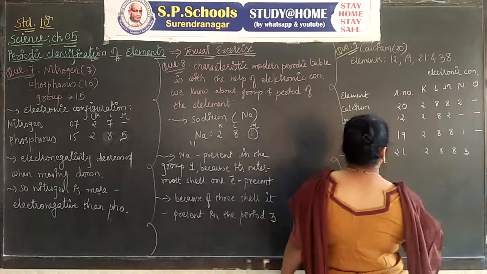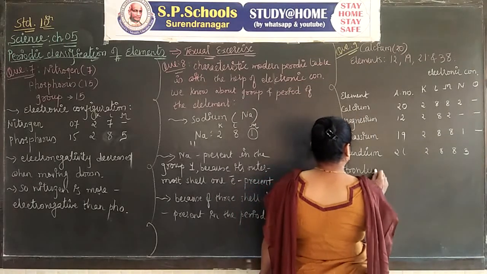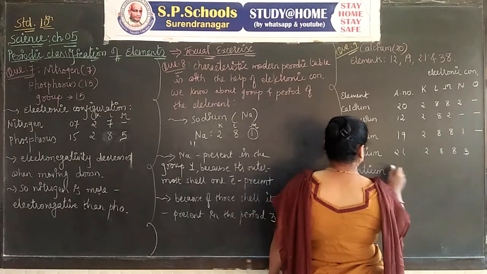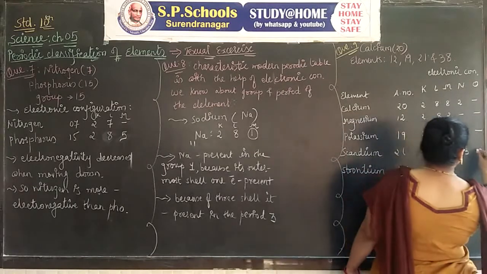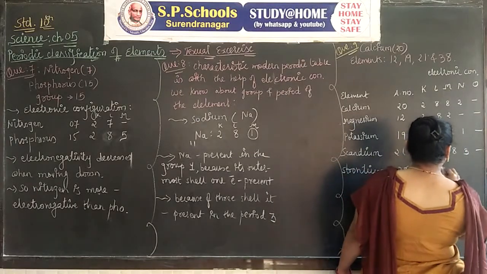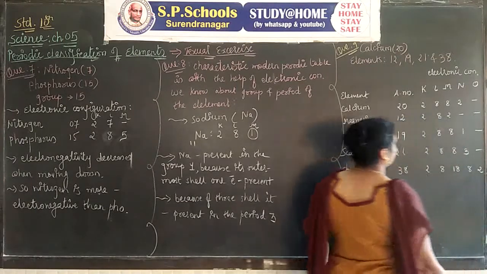Then we write about strontium, which will be 38: 2, 8, 18, 8 and 2.